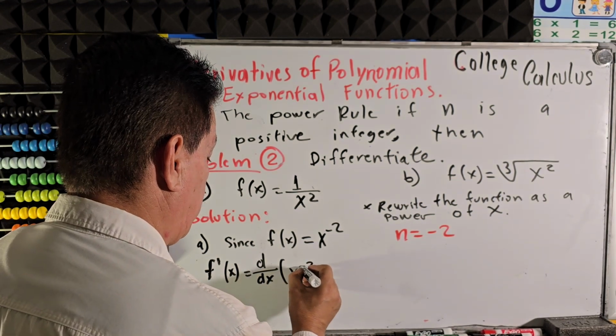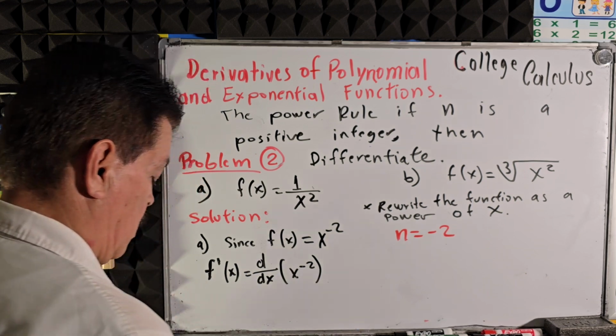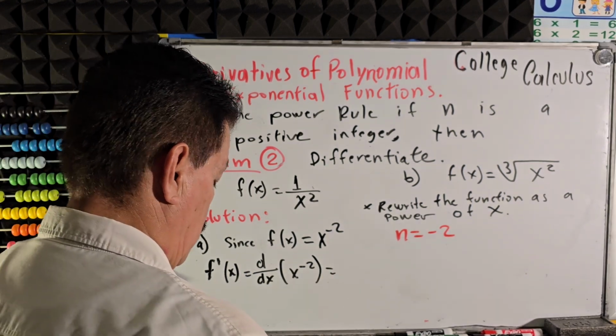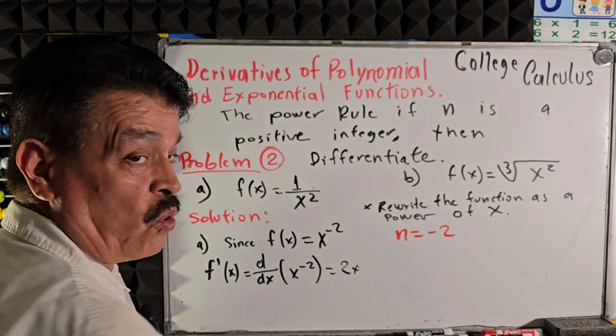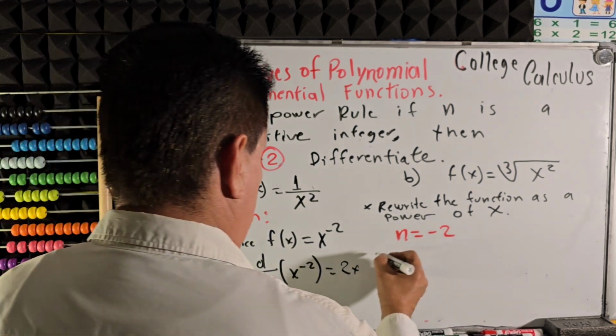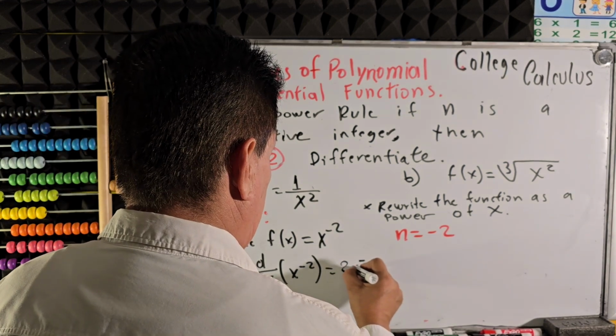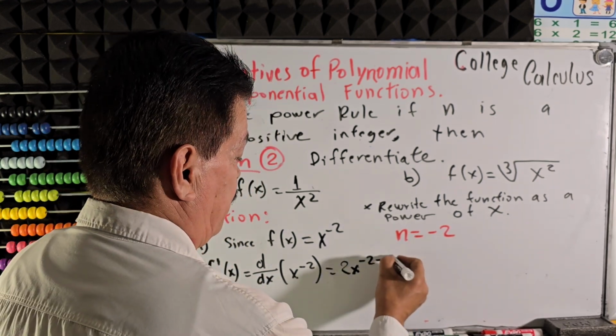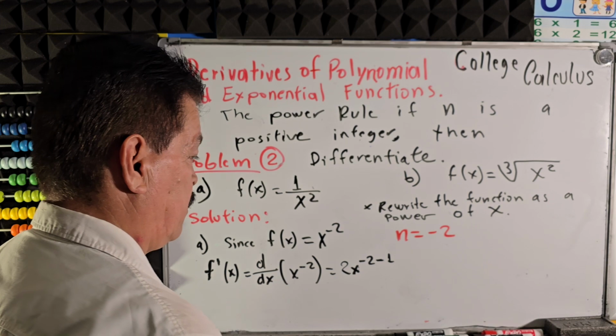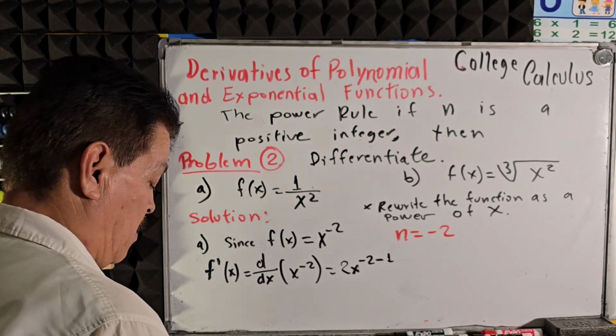Minus 2, to the negative 2 minus 1 power. All right.